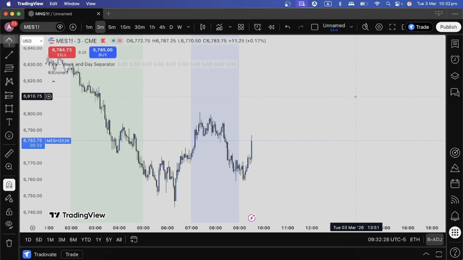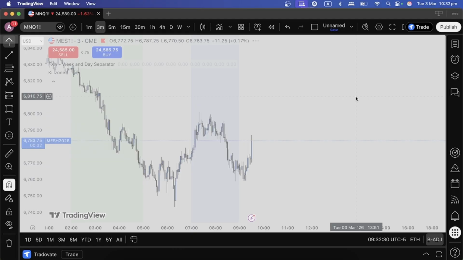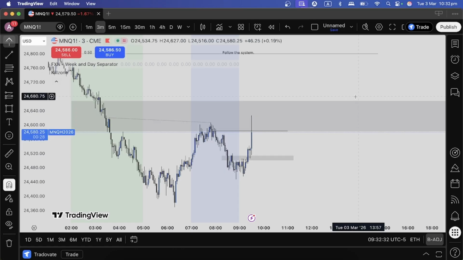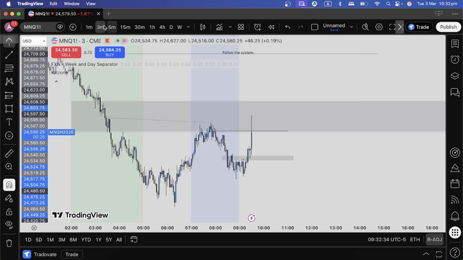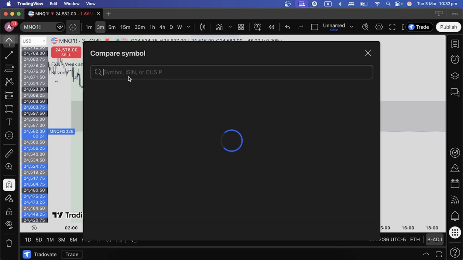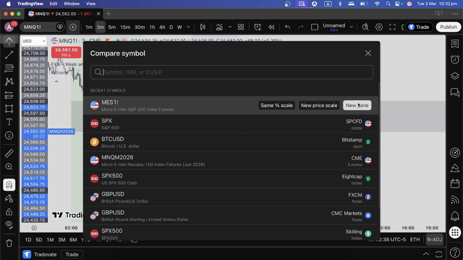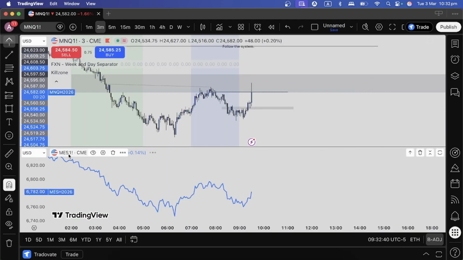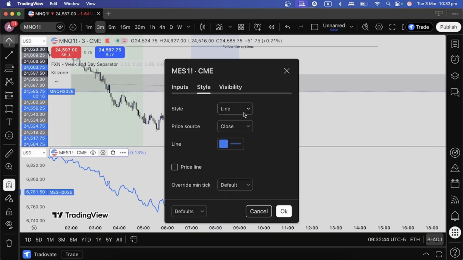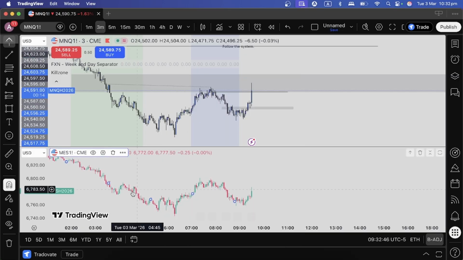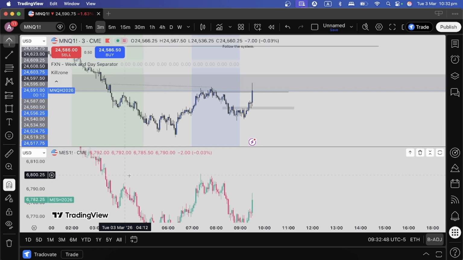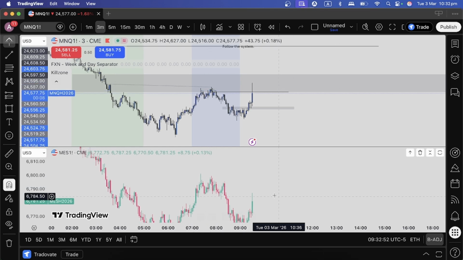There's another SMT. So you can see NQ took out those highs and ES didn't.